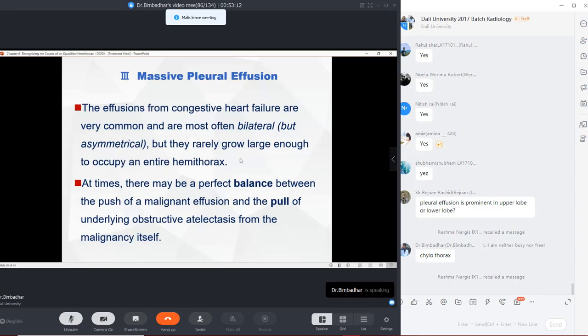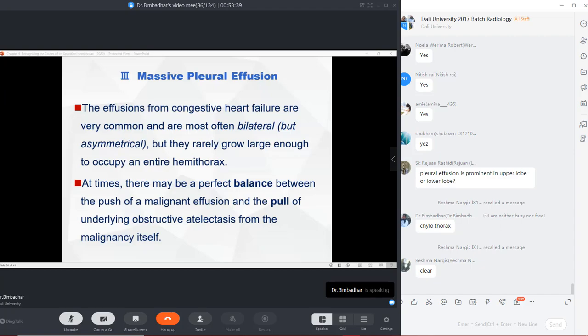That's the reason echocardiography makes the confirmatory diagnosis in congestive heart failure. Okay, right? Is this clear? Did you understand the diagnostic difference between congestive heart failure, pulmonary tuberculosis, and bronchogenic carcinoma in case of pleural effusions?